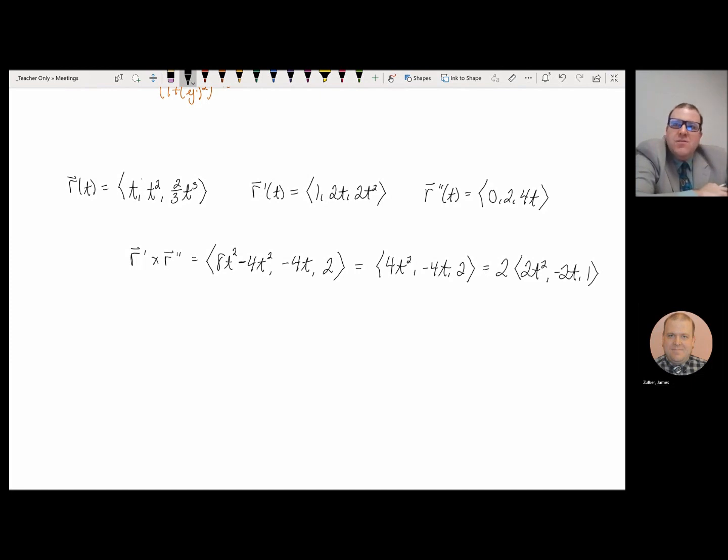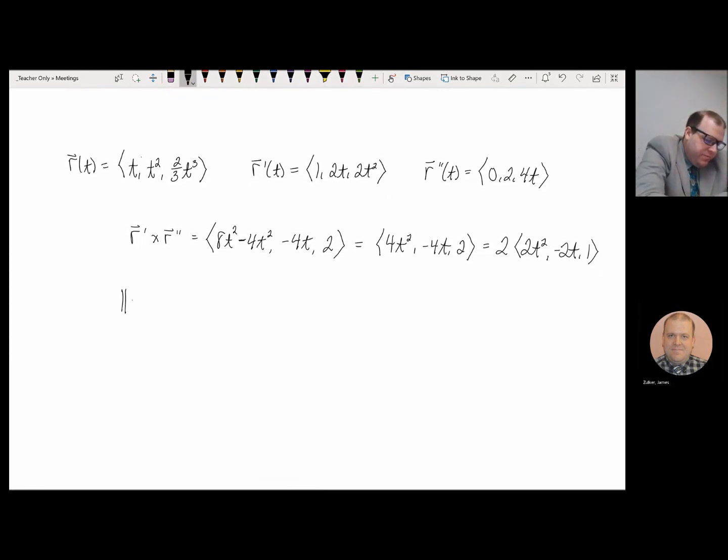You can factor out a 2 just to make life easy. We need its magnitude. So it'll be what? Absolute value, square root of 4t to the 4th plus 4t squared plus 1.